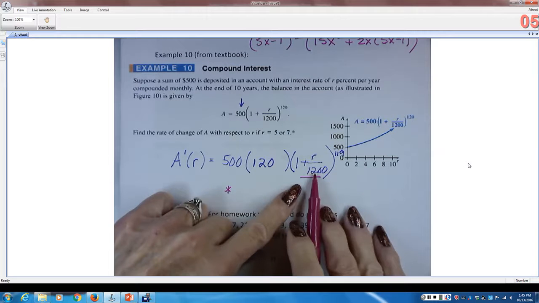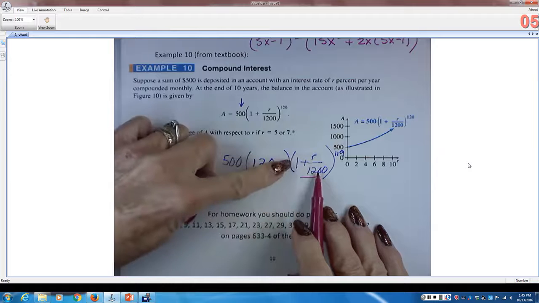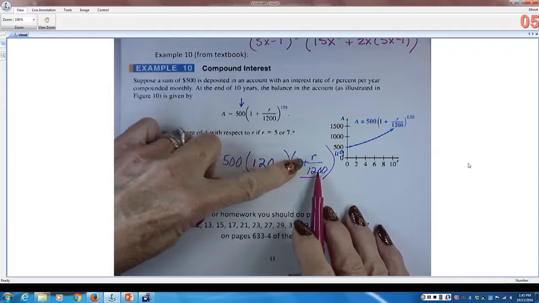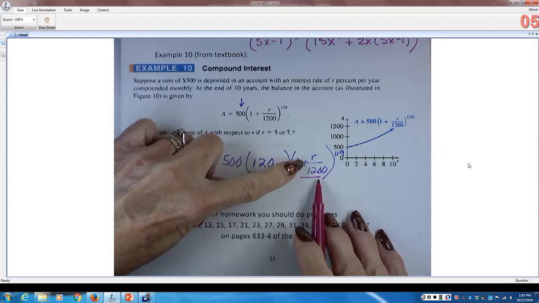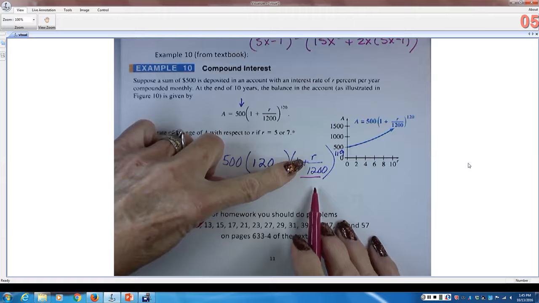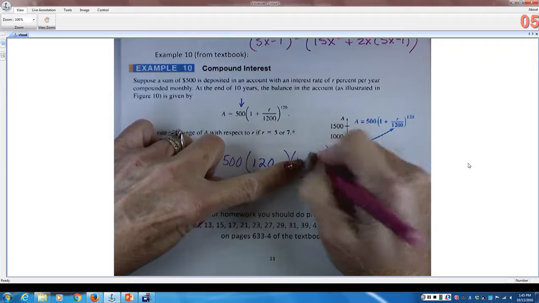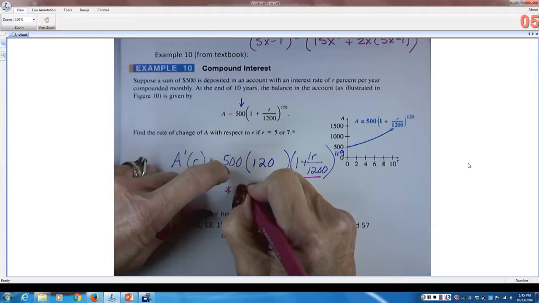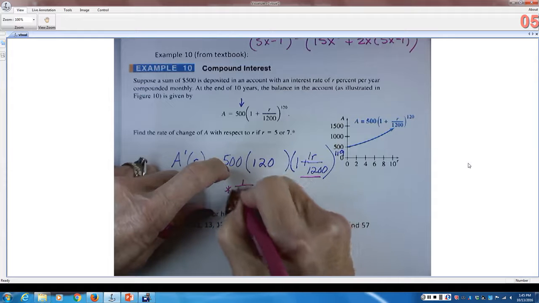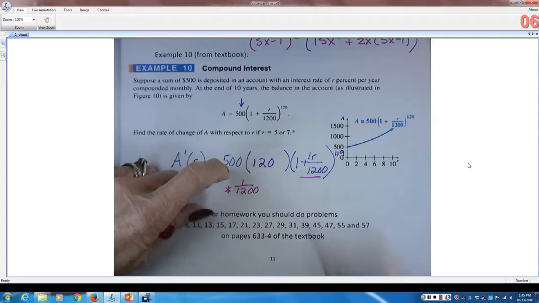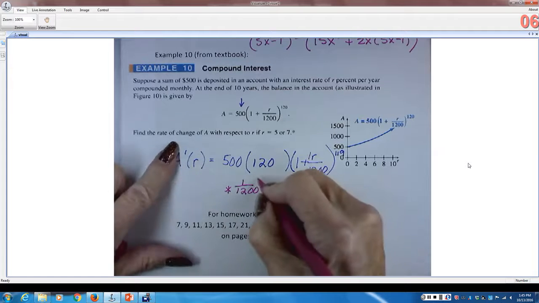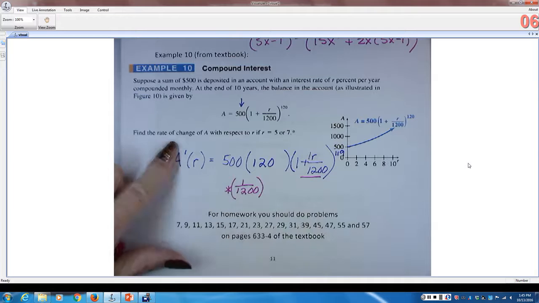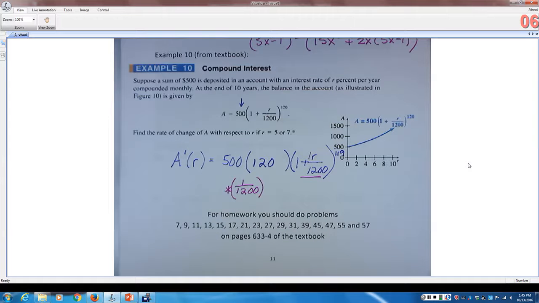And the derivative of what's inside the parentheses, the derivative of 1 is 0. And the derivative of r over 1200 is going to be 1 over 1200 because that's 1r over 1200. So when we multiply all of this together, we have the derivative of A with respect to r.